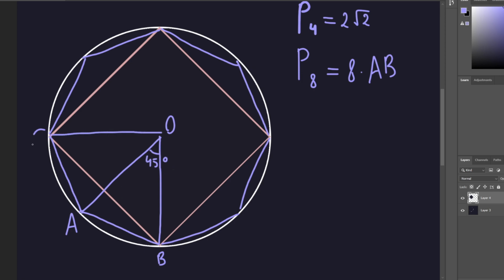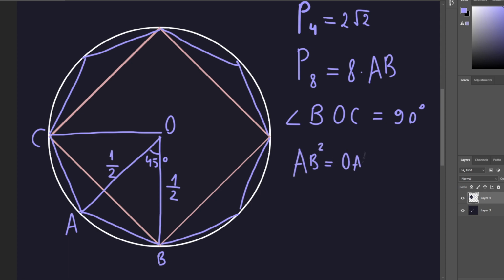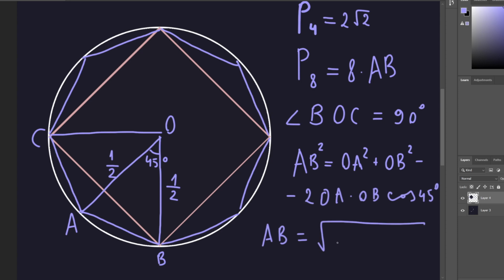We can find out that the angle AOB equals 45 degrees because the angle BOC is 90 degrees, and OA divides that angle into 2 equal parts. We also remember that OA and OB both equal 1/2, because OA is a radius and OB is a radius. Now to find AB, we can use the cosine law.